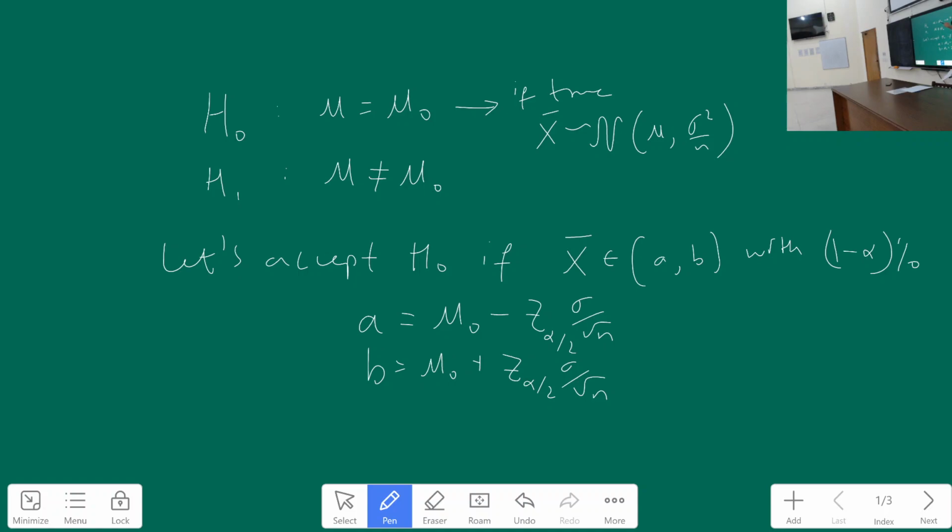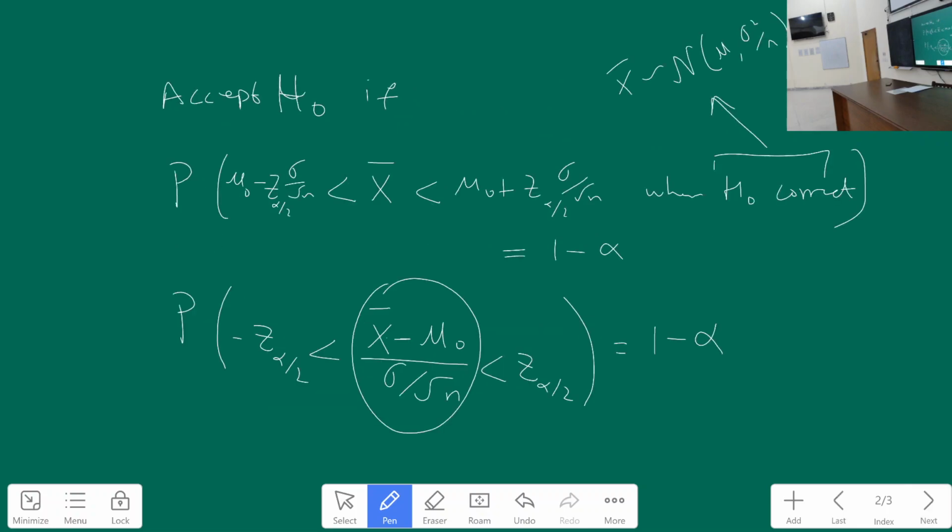And if my null hypothesis is correct, then our discussion from previous lectures tells us that x bar will actually be normally distributed with mean mu and variance sigma square over n, where mu is the true mean. If that is the case, then we can go one step further. We can rewrite that whole thing like this when H naught is correct.